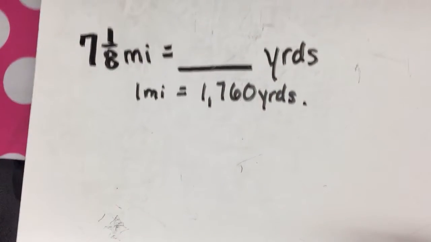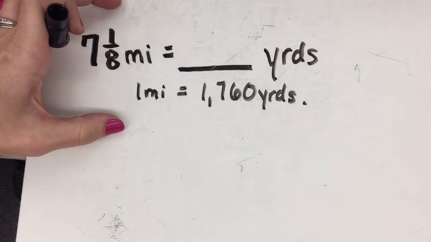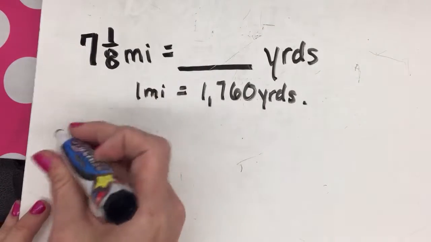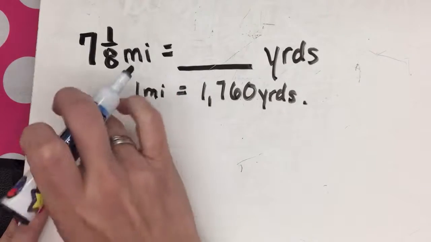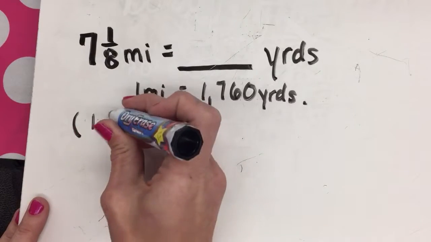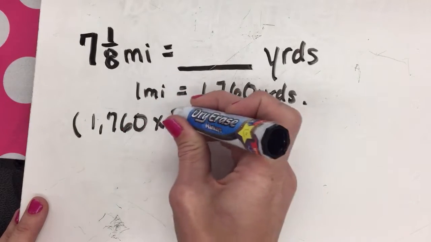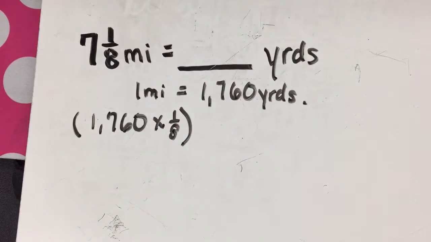There's a key factor here that I have to remember. I cannot leave out that fraction. So in order to make sure that I do not leave it out, I'm going to go ahead and do the fraction first. I'm going to be multiplying 1,760 yards, and I need 1/8 of that. I need 1/8 of 1,760.